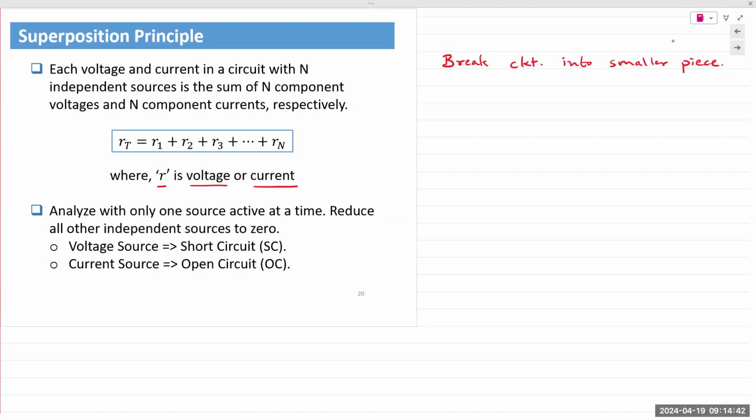And for every single voltage and every single current, you will have n number of results. Okay, this is important. For every current and every voltage that appears in the circuit, there will be n number of results, where n is the number of sources present in the circuit. Then the actual voltage and actual current is simply a sum of all of those results. So R would be equal to R1 plus R2 plus R3 plus so on and so forth up to Rn. Does that make sense?